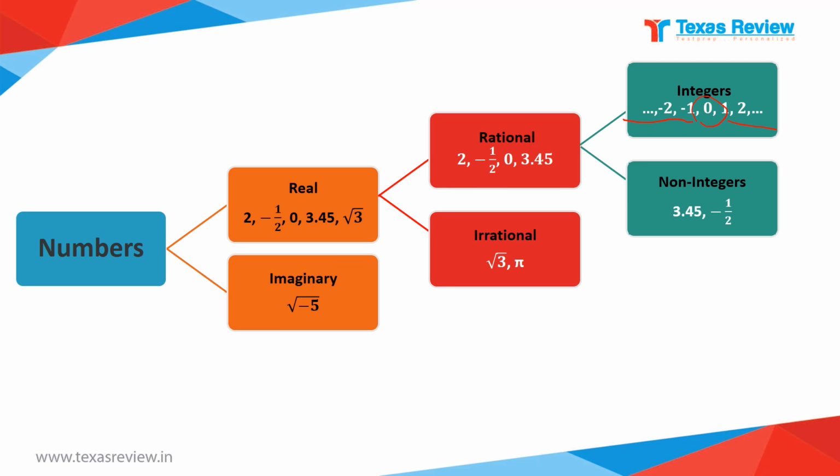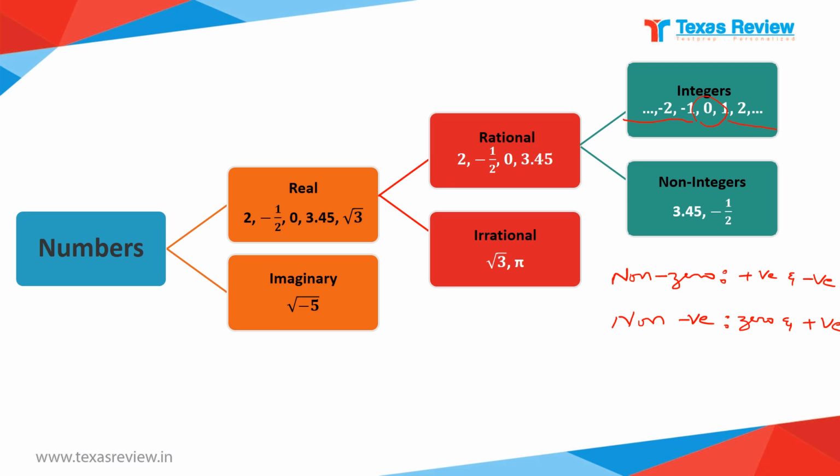So you need to be very careful if the problem talks about non-zero. Non-zero includes both positive and negative. If the problem talks about non-negative, now it is 0 and positive.